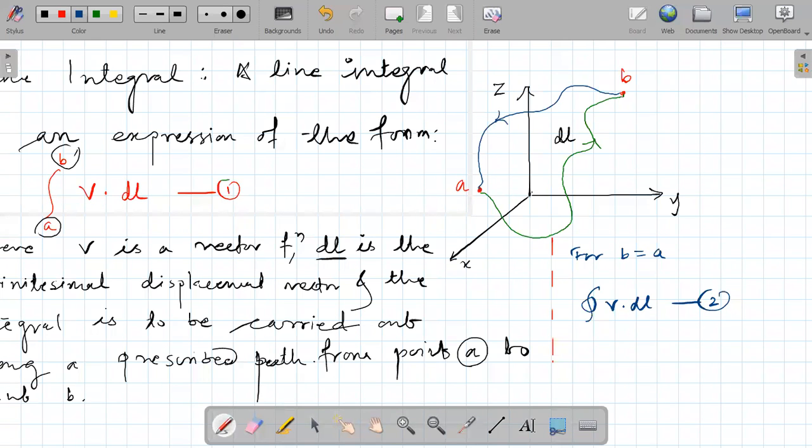Means for a closed loop, equation 1 can be written as equation 2, means put a small circle on this integration. Understood up to this level? And this is really all, dear student, about line integral.